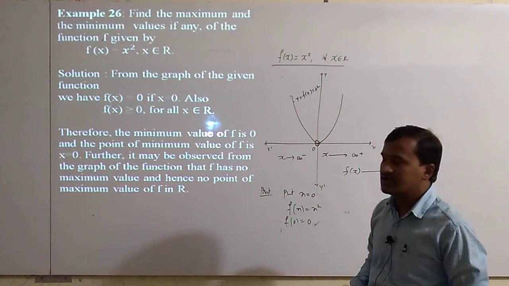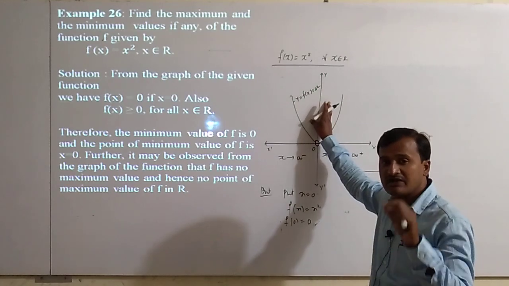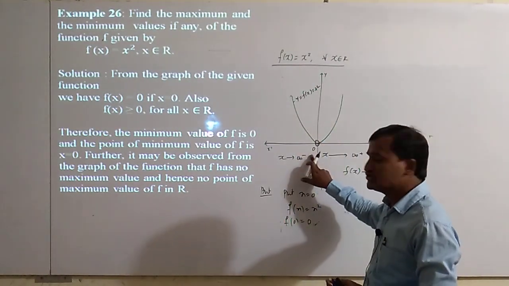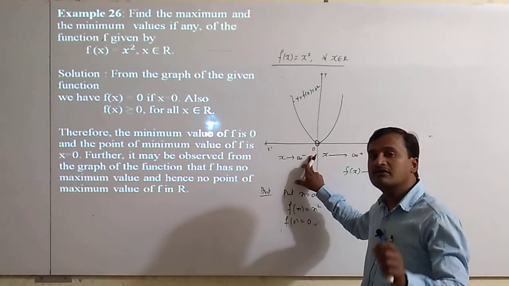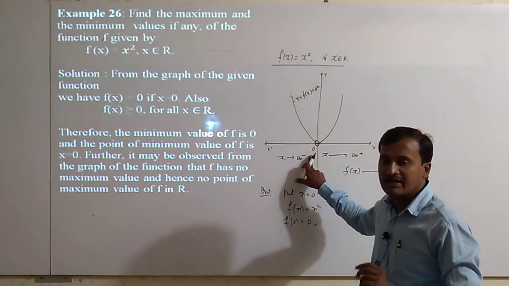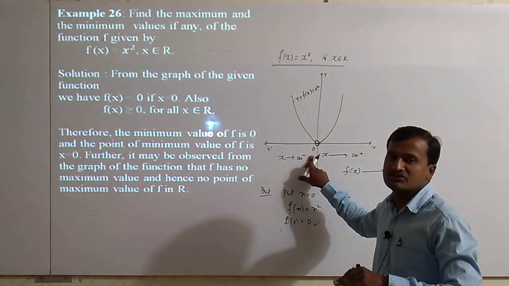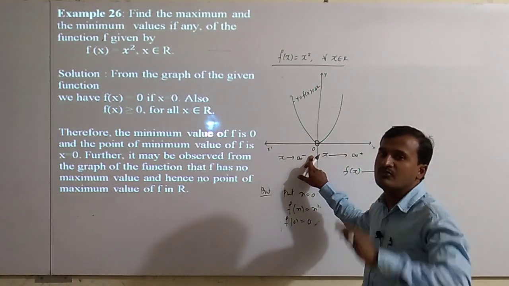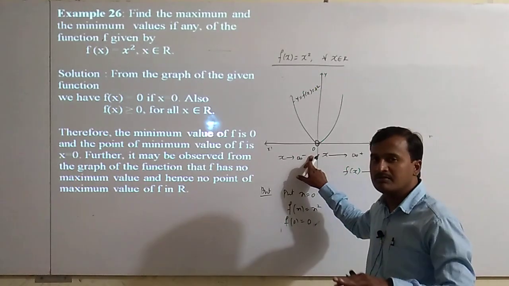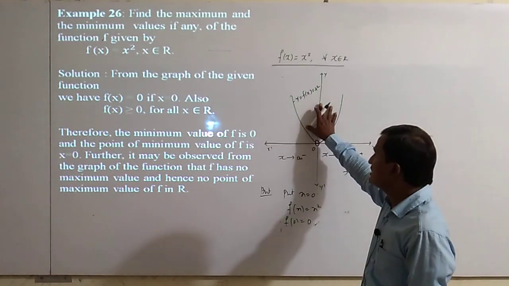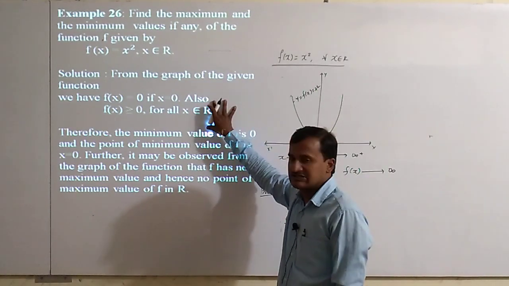So this function has a minimum value equal to 0, and the point of minimum is x equal to 0. At x equal to 0, this function has the minimum value.